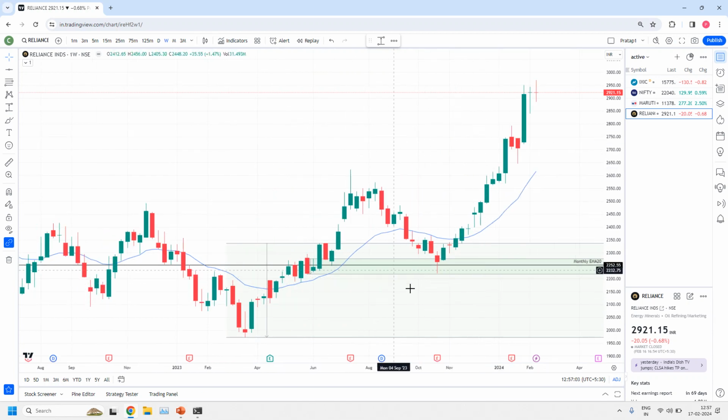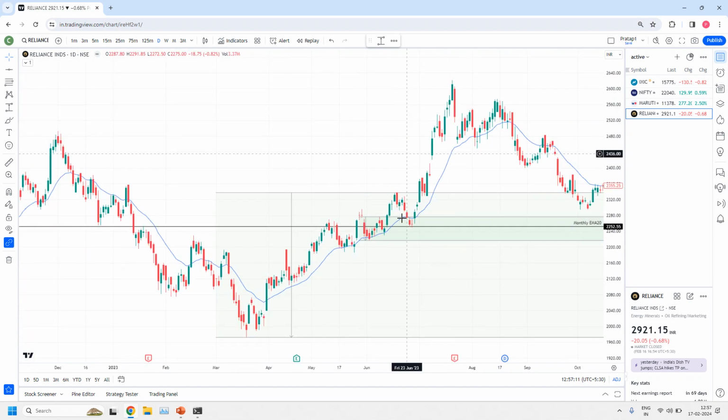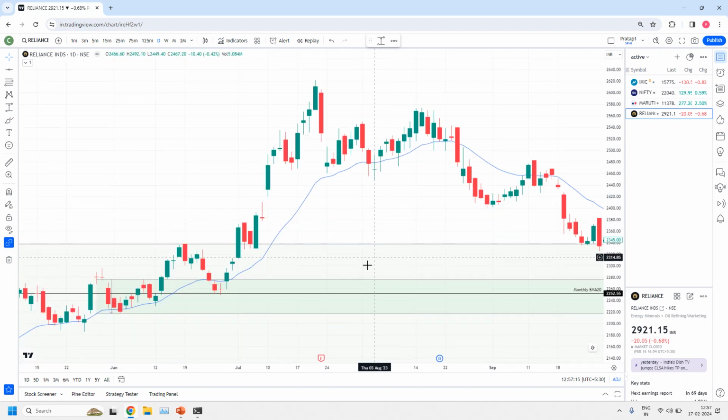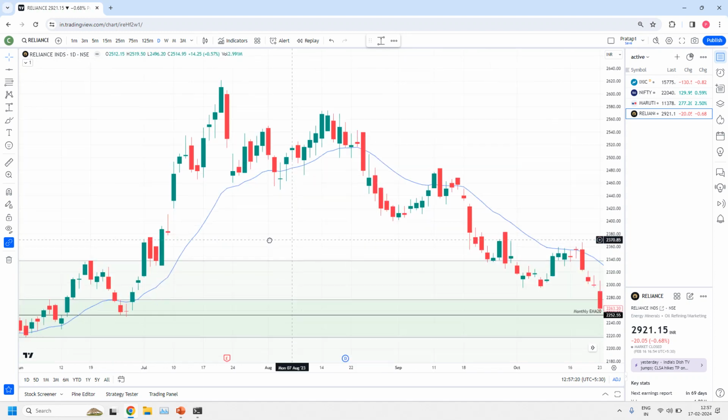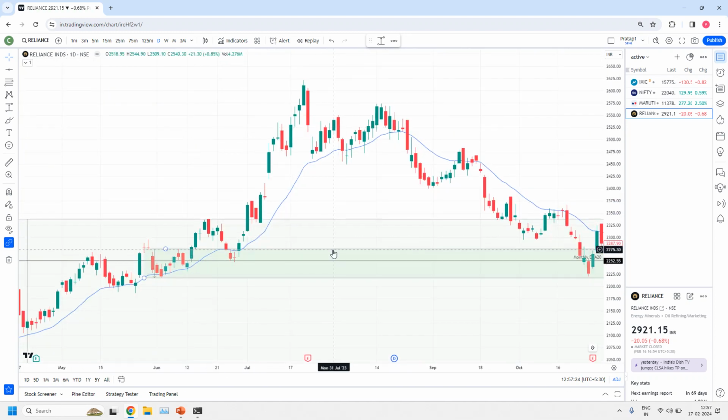Now again, further can we fine tune on daily? Yes. Go to the daily time frame. In daily time frame, we have a drop, base, rally. This is one you can draw.